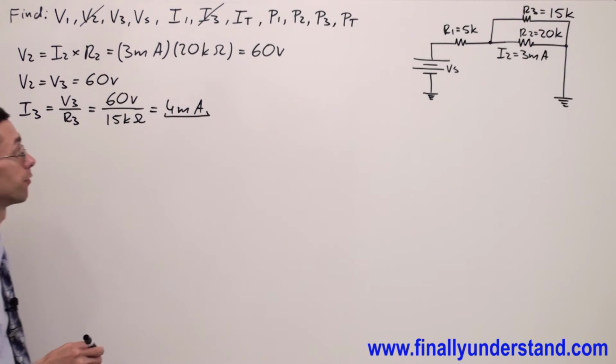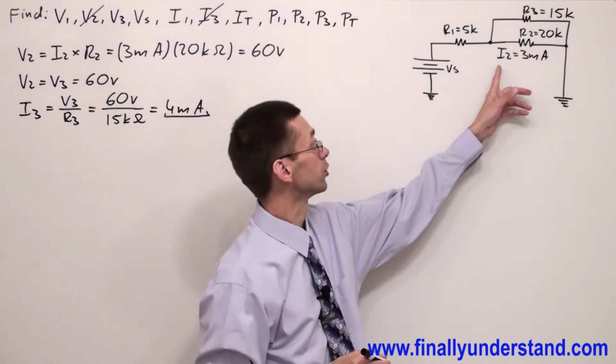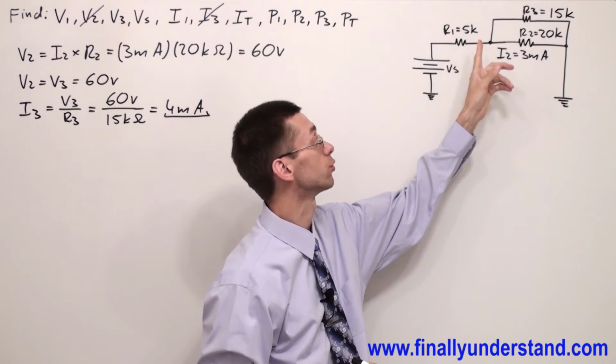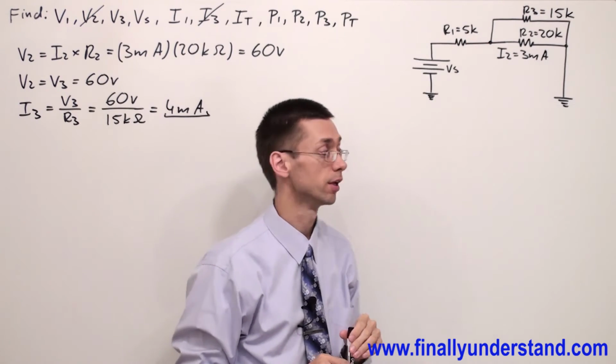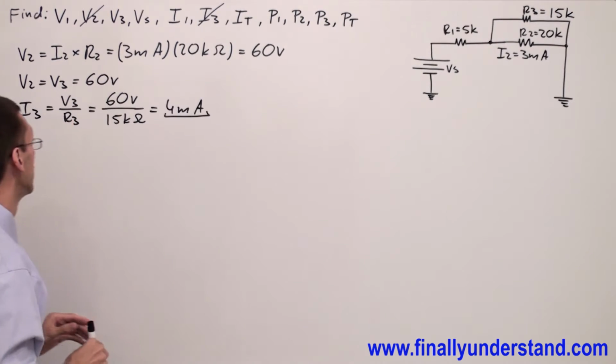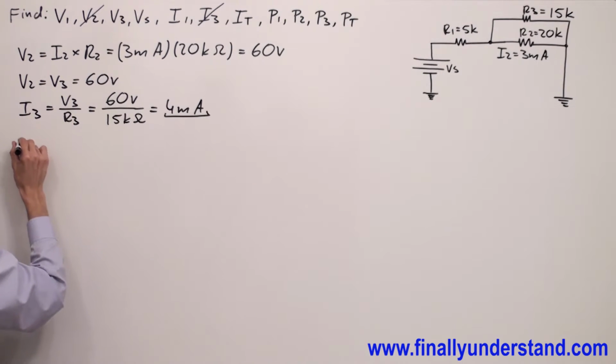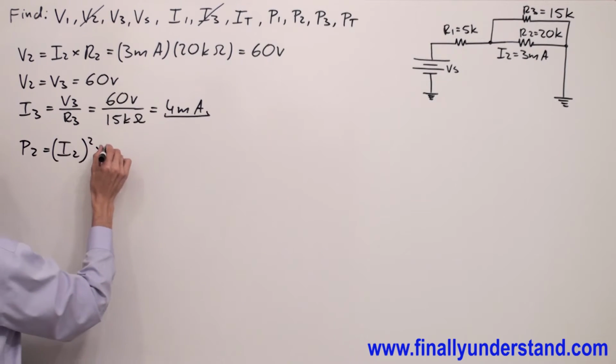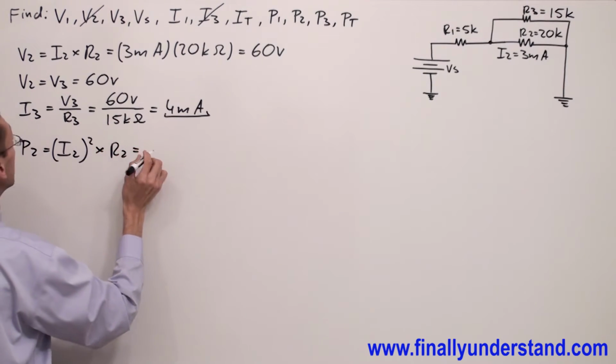Because we have the current which goes through resistor R2 and its resistance, and the current which goes through resistor R3 and its resistance, I can find the powers. So I can say that P2 is equal to I2 raised to the second power times R2.